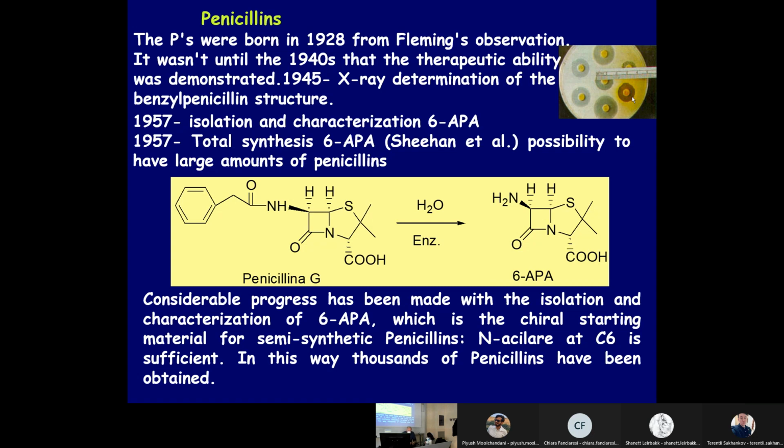But the problem was really difficult to solve. Why? Because the chemical structure of these compounds was at that time very uncommon.